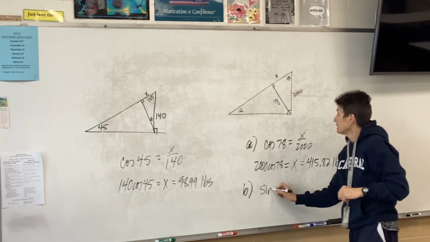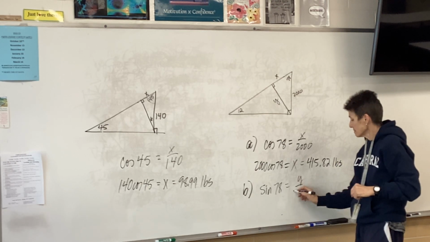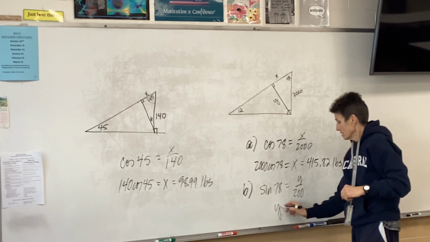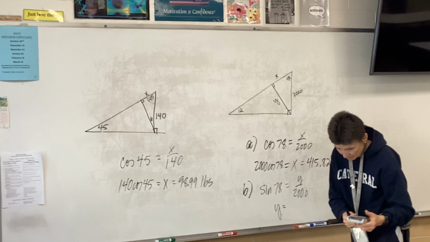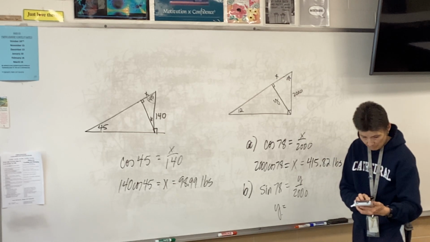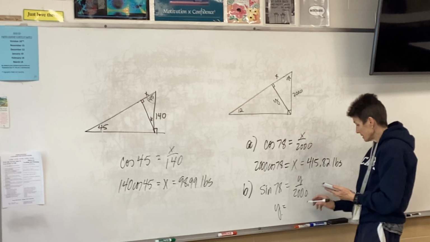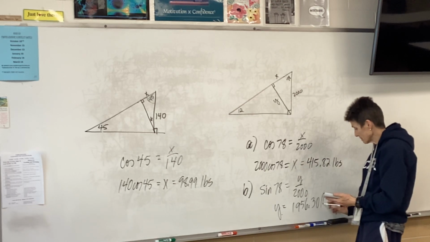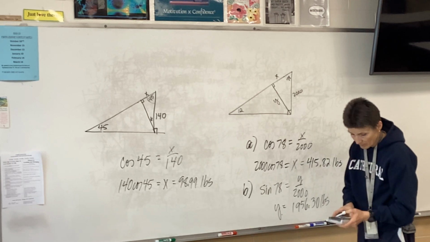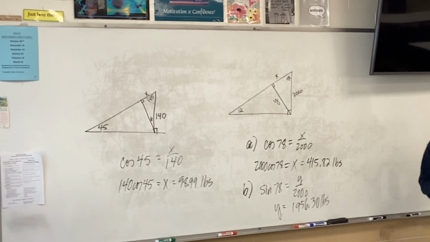So sine 78 equals Y over 2,000. So 2,000 sine 78 is 1956.30 pounds. That's the force perpendicular to the street.